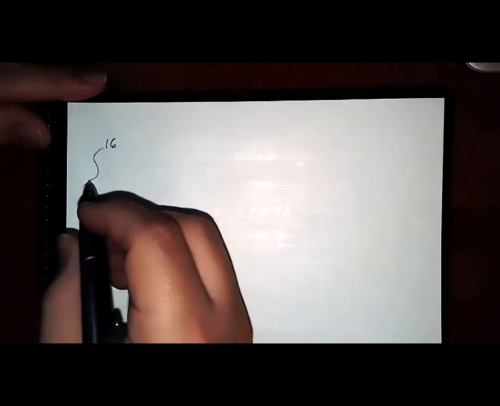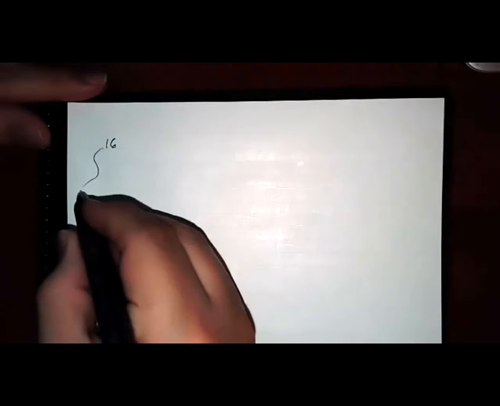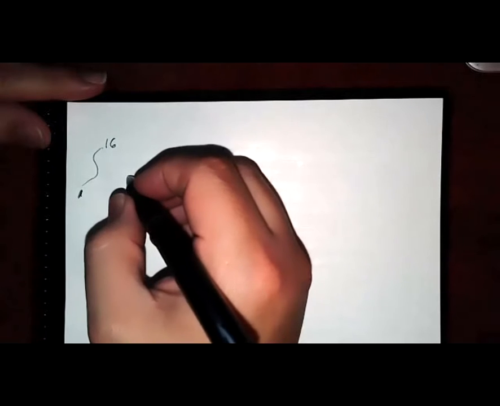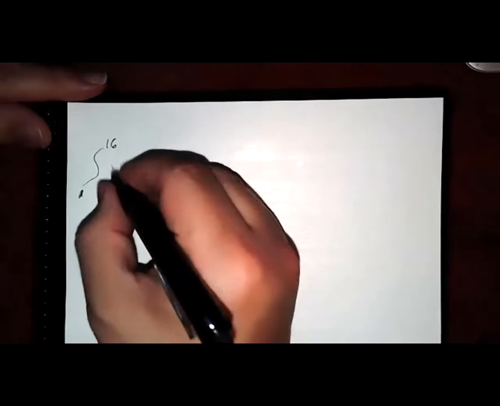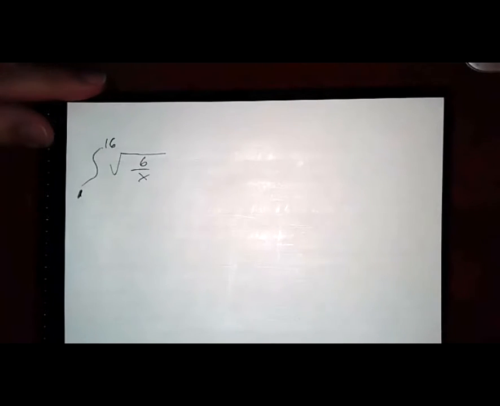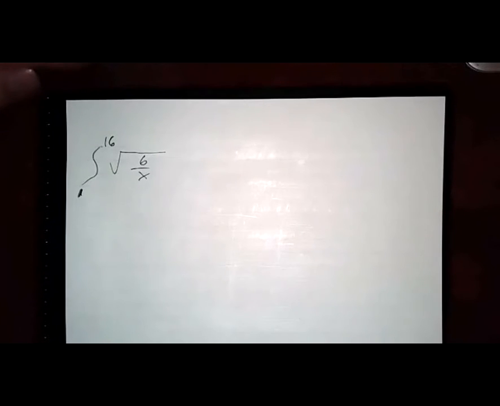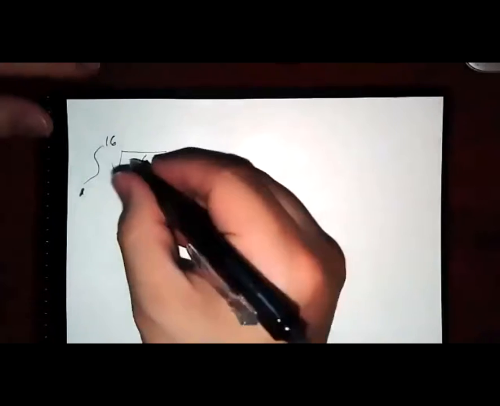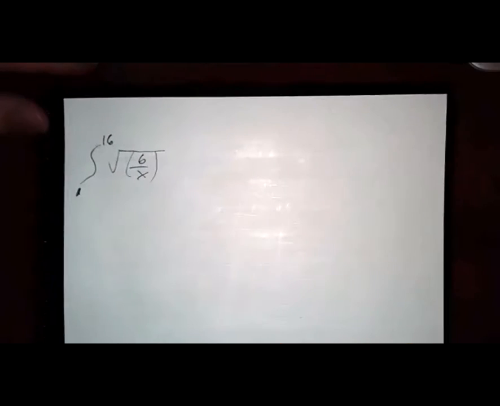So that bound was 16, and the other one was 1, and then it was 1 times the square root of 6 over x, like this. Was the x inside or outside the square root? It was inside. Okay, so everything is inside like this.